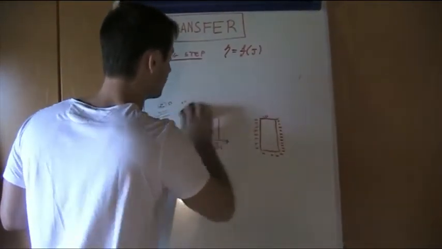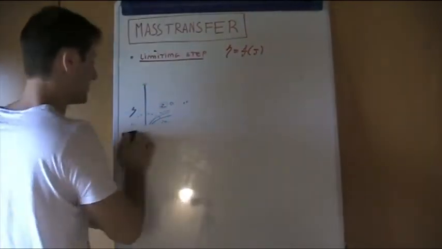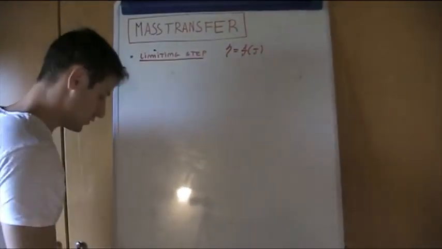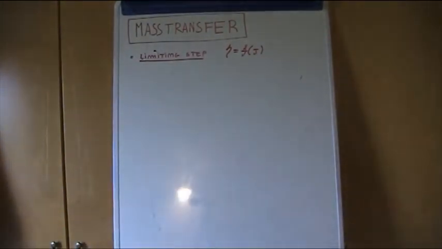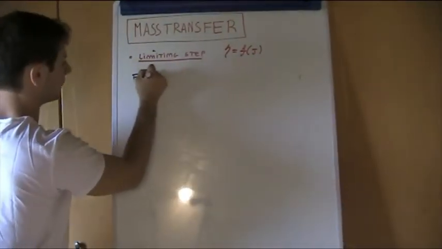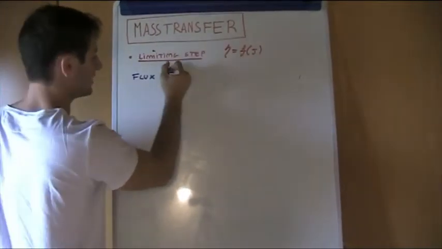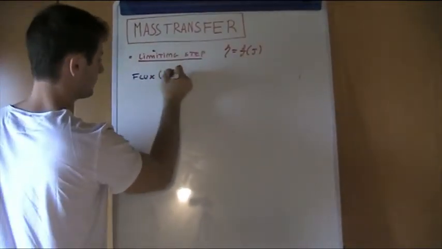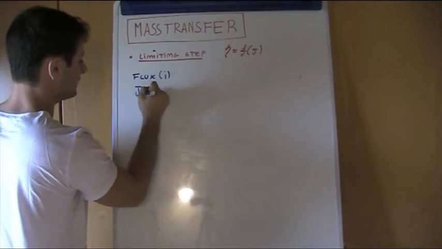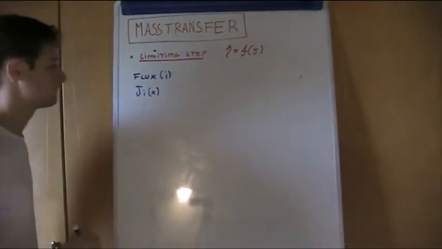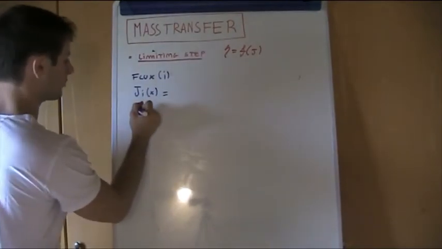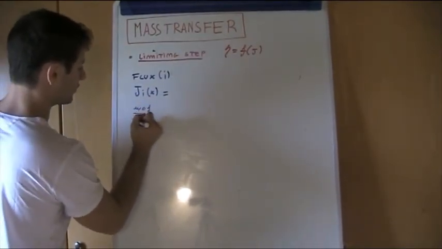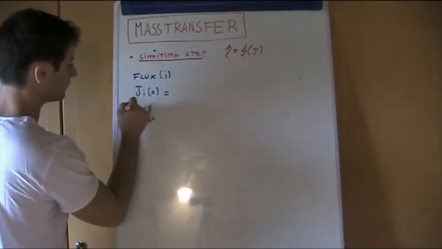It's important to remember that the mass transfer is associated with the definition of flux. So if we are speaking about the flux for one hypothetical chemical, we can describe it in this way. The flux has units of mole per second per centimeter squared.